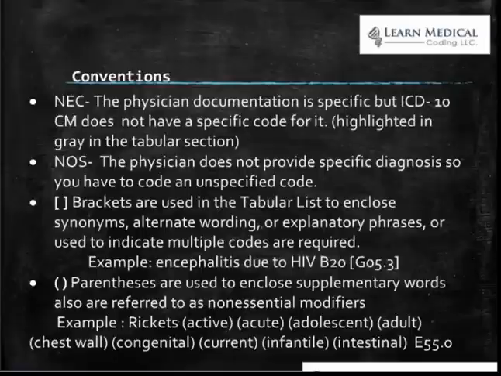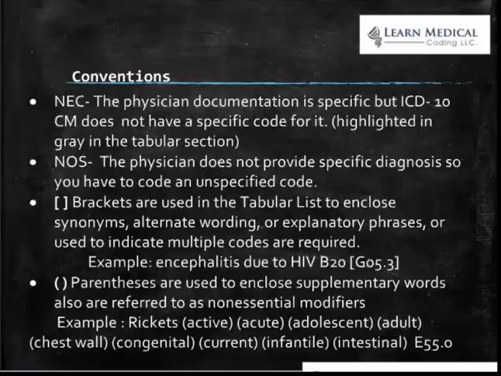Then you have brackets. In the tabular list, they're used to include synonyms, alternate wording, or explanatory phrases. But if you see these brackets within the actual index to diseases, it means that 2 codes are required. So for example, a patient has HIV with encephalitis, and say the encephalitis is due to the HIV.